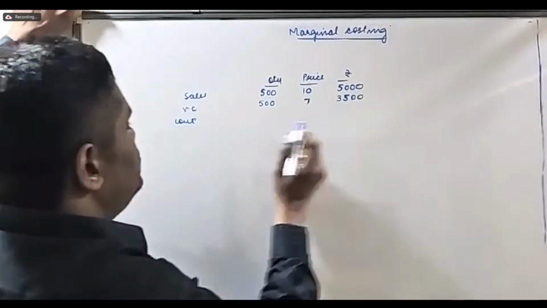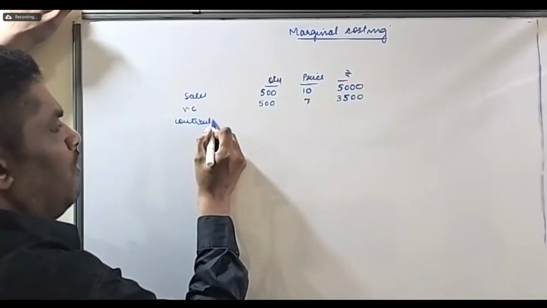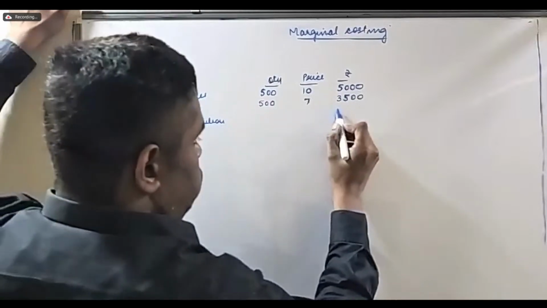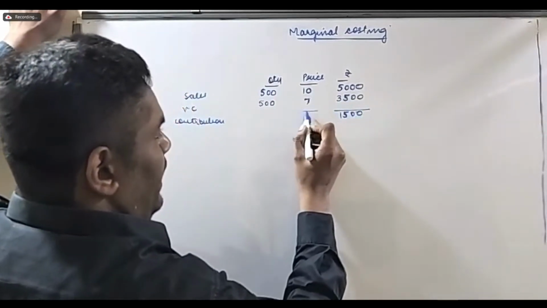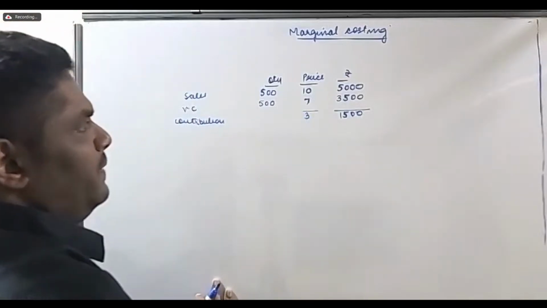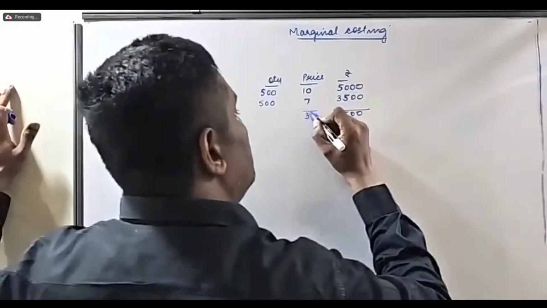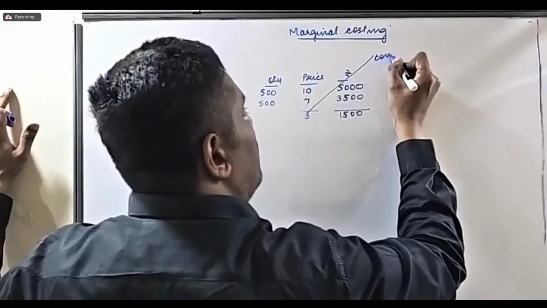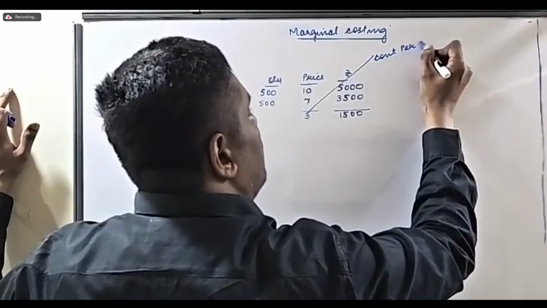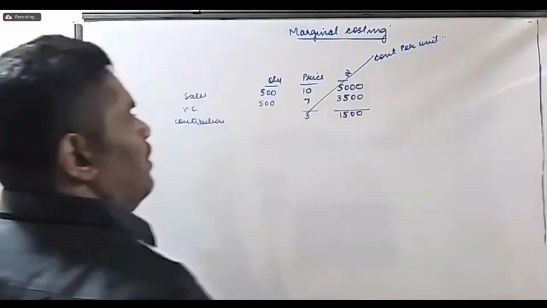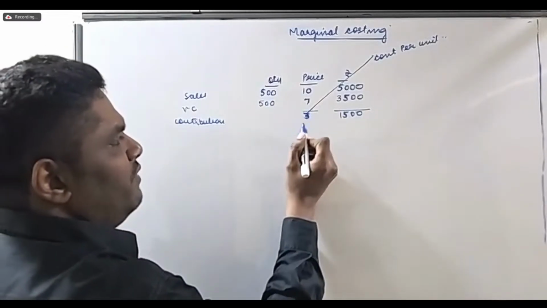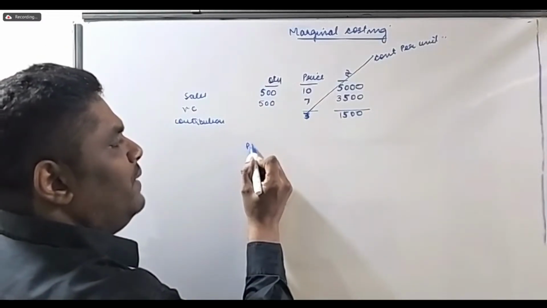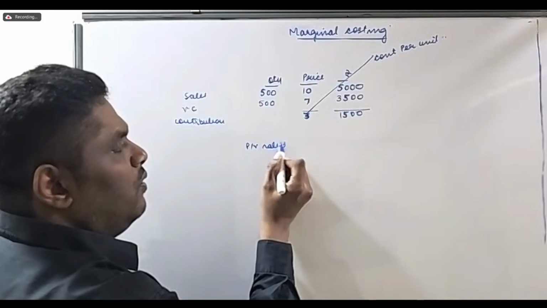Therefore, my contribution will be 1,500, and my per unit contribution will be 3. We call it contribution per unit.